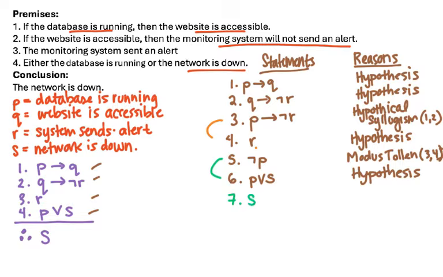And this is called the disjunctive syllogism, based on steps 5 and 6.